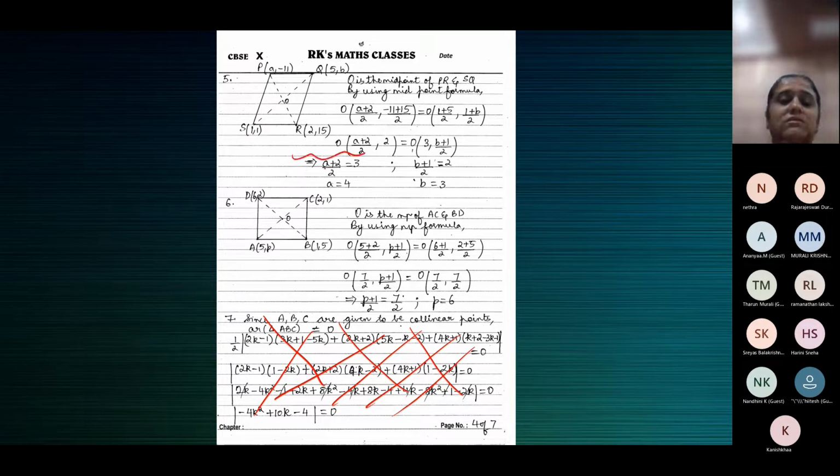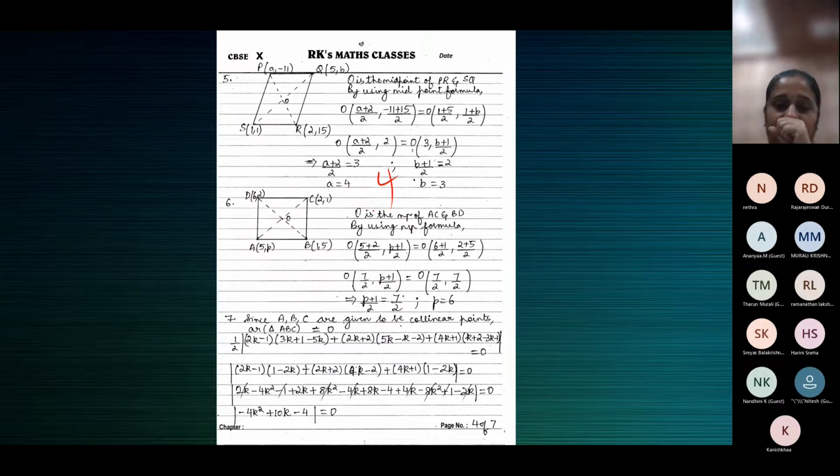So simple. But we'll put ourselves in trouble by using the distance formula. We'll use the property that opposite sides are equal or all sides are equal. It's not about using an elaborate procedure to get 4 marks. It's just about using the correct procedure.